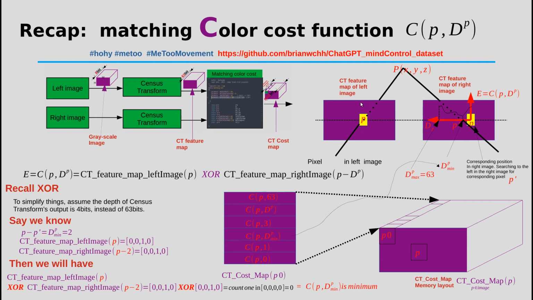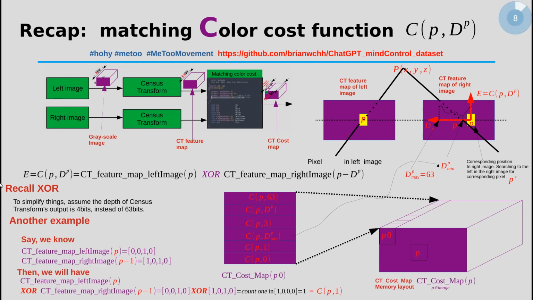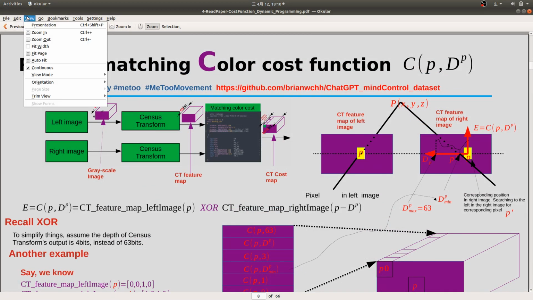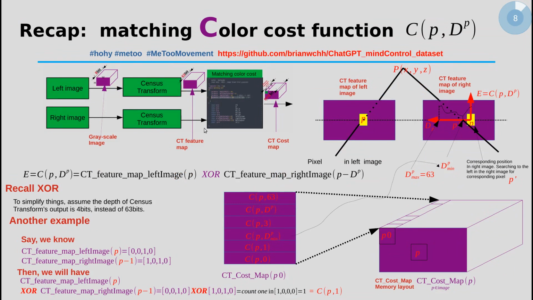This P is not the original image, but a feature vector that encodes the color information, that is, the color relationship with its neighbors. Okay, so I repeat again here.